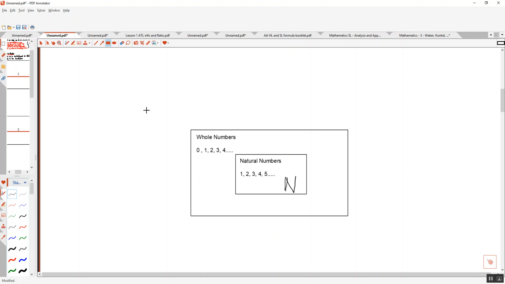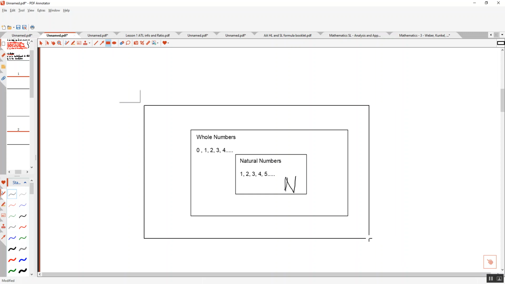But it's got a special name. We don't just say it's negative. We call these, you may know this word, integers. Okay, have you heard of integers? All right, so integers are all of the negative numbers, including 0, and then all of the positive numbers.